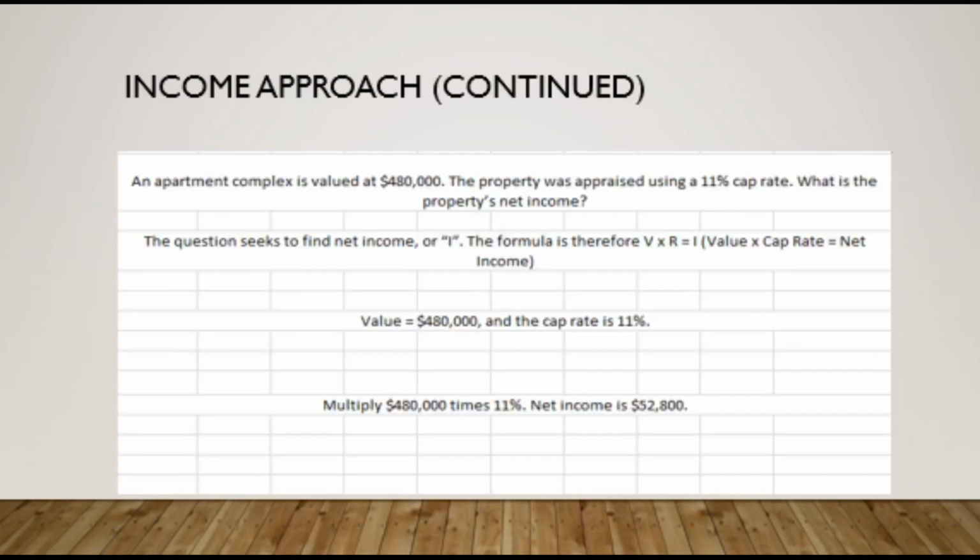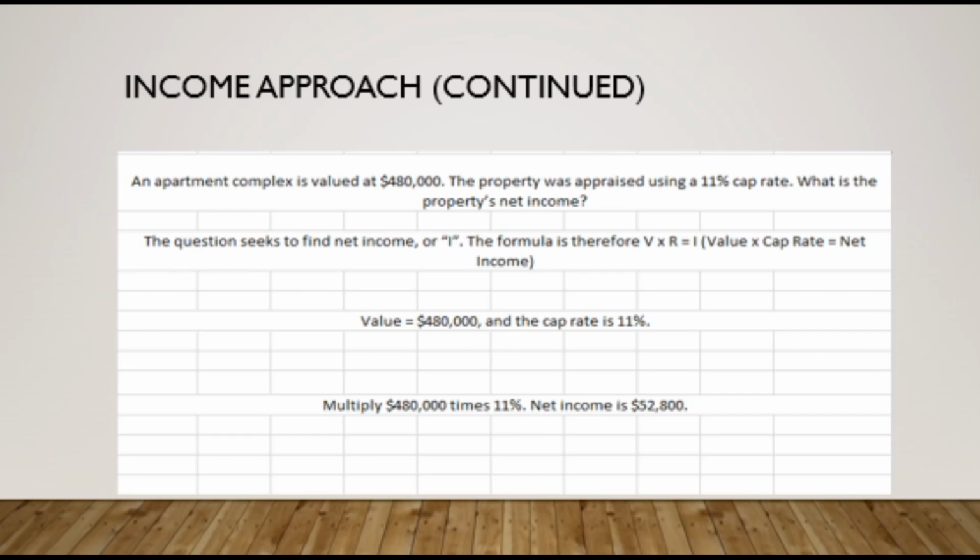Income approach continued. An apartment complex is valued at 480,000. The property was appraised using an 11% cap rate. What is the property's net income?